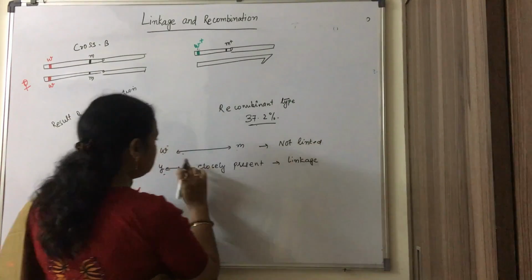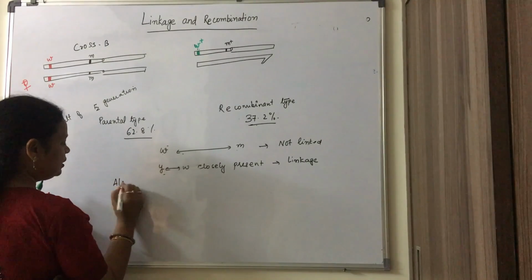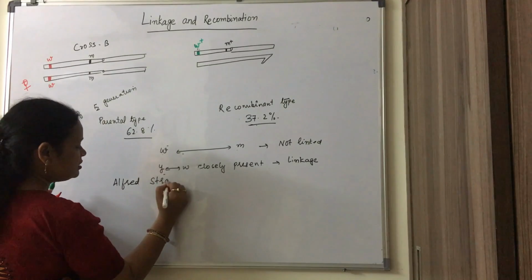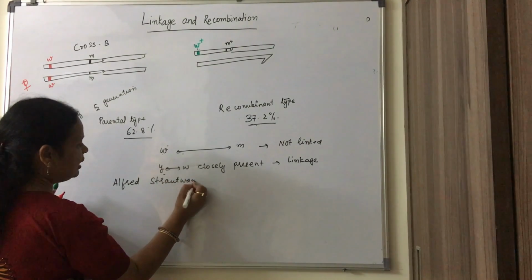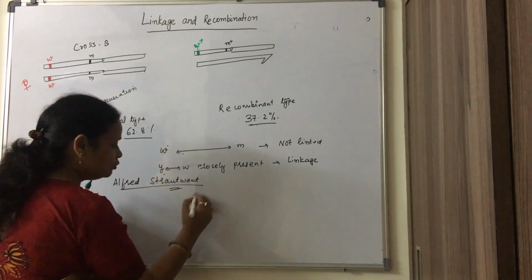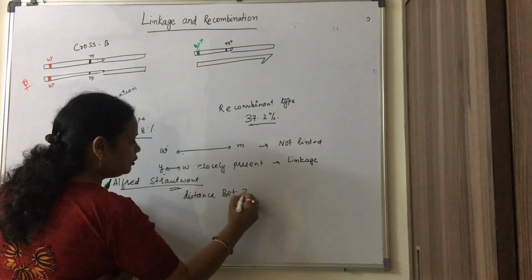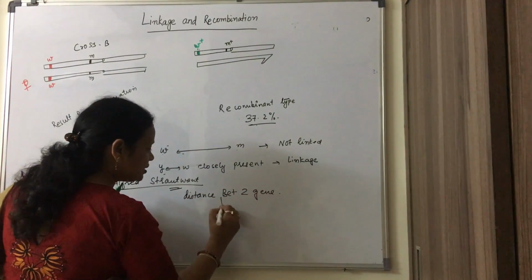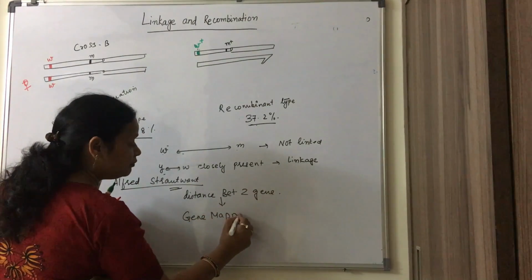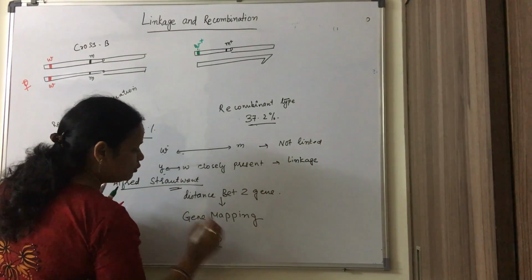When we talk about the distance between two adjacent genes, this concept was described by Alfred Sturtevant, a student of T.H. Morgan. He used the distance between two genes, and this concept was very useful in gene mapping, which was very useful in the Human Genome Project.